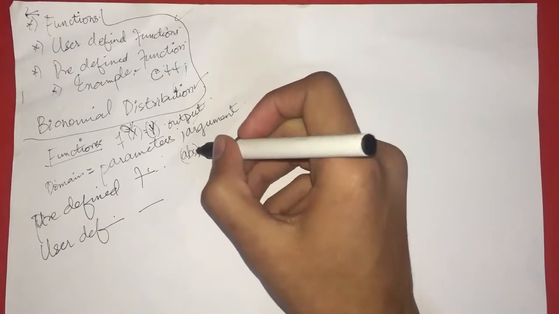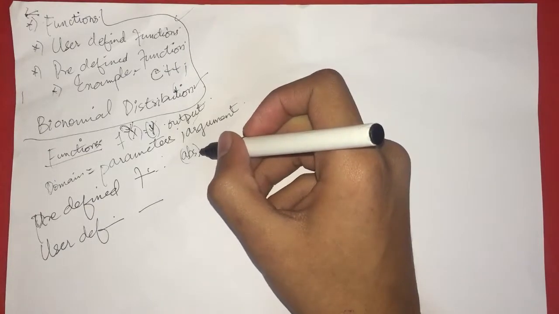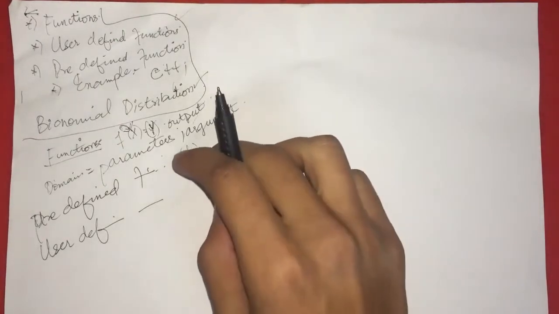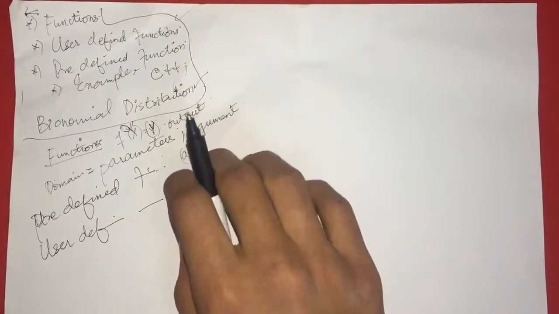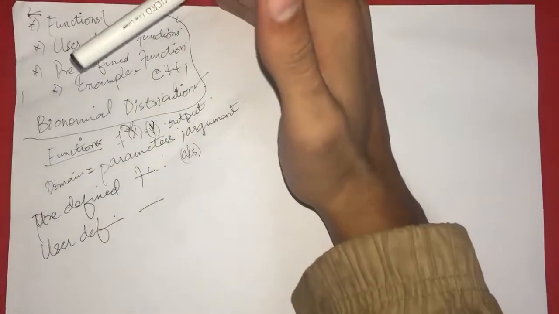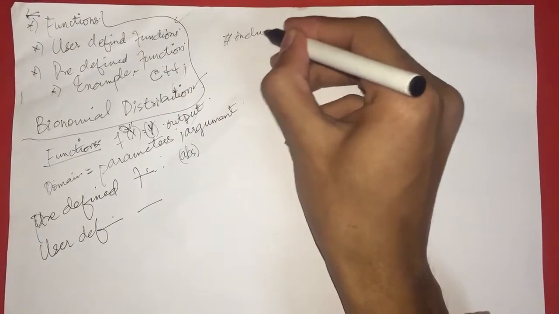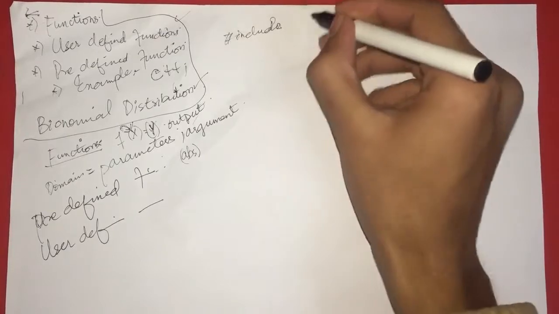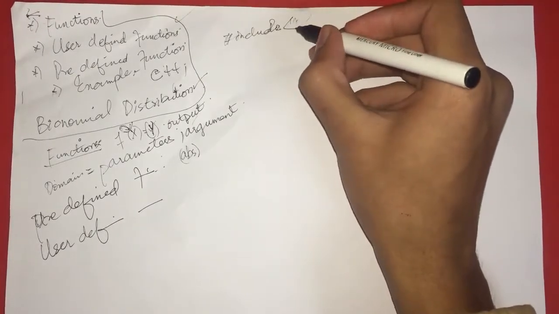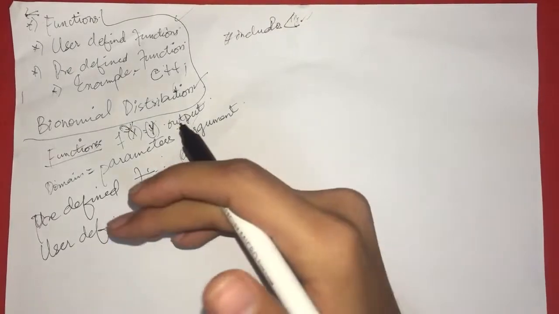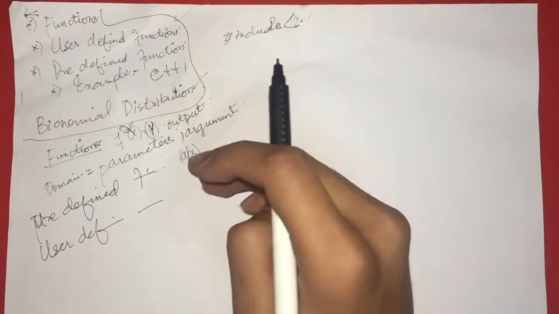So we have, for the absolute. For these functions to work in your program, you have to include them in your header file using hash include. You have to know the library, or the file, which these functions already exist in.